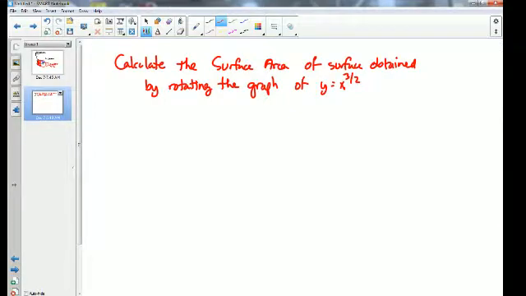Let's make that 1/2, since we're using the book example. Minus about the x-axis.